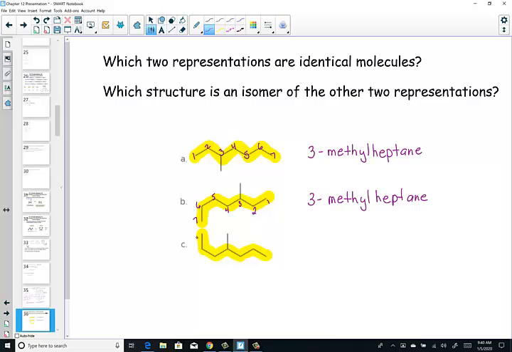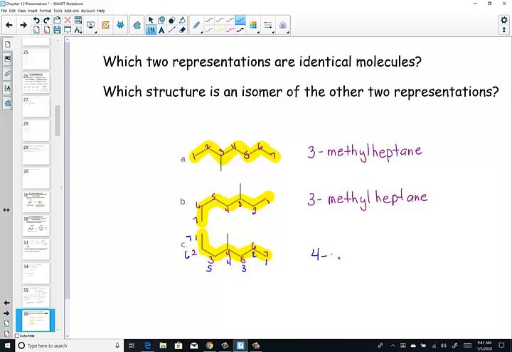I'm going to number this 1, 2, 3, 4, 5, 6, 7. I'm going to number going the opposite way as well, just to make sure that branch has the lowest number possible. Yep, and no matter which direction I numbered, left to right or right to left, that branch comes out on carbon 4.